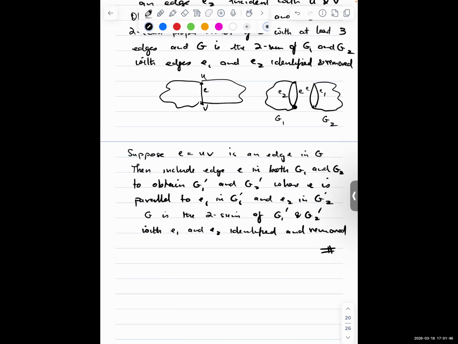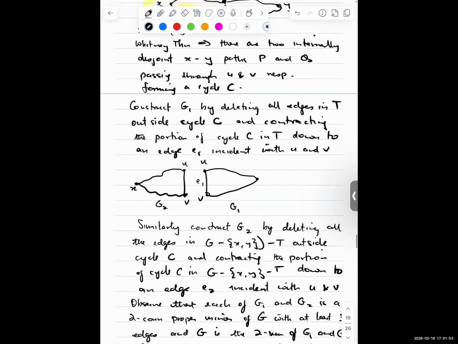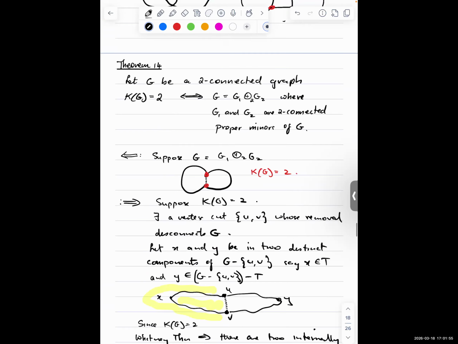But we don't get the if-and-only-if for K connected greater than two. Well, what does it mean by proper? A proper minor just means that, technically, a minor can be the graph itself, right? So we have to be K-connected.